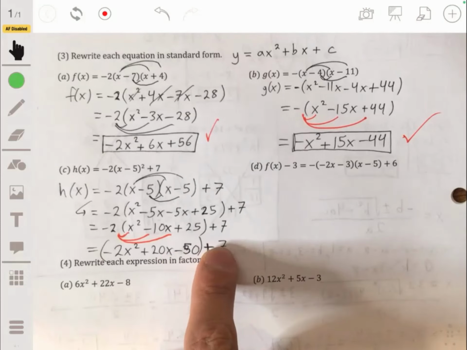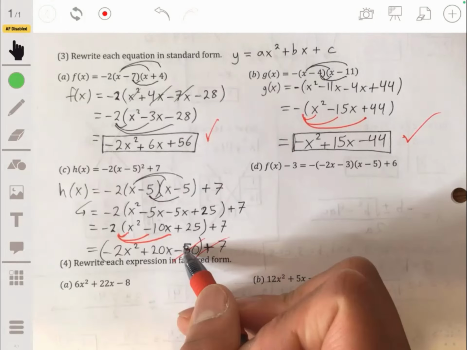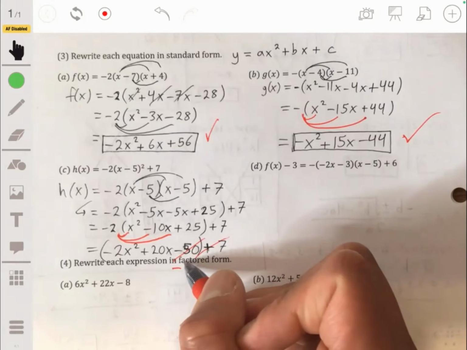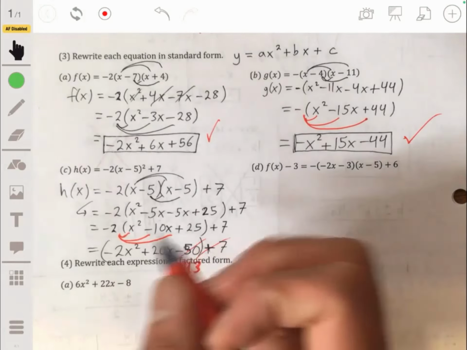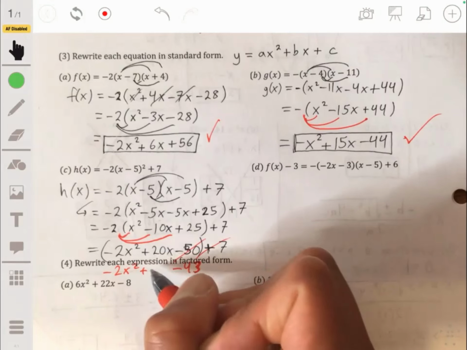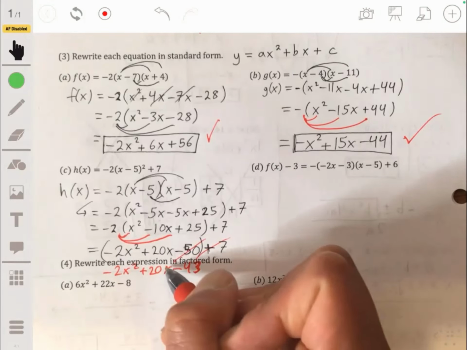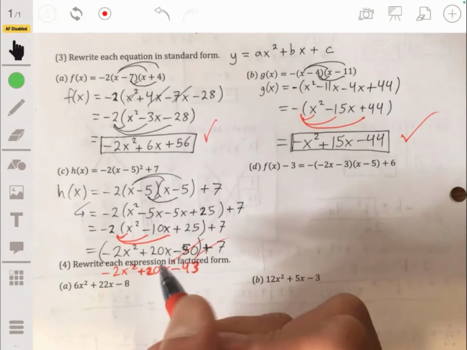Then you can add the 7 here. And so this minus 50 just becomes minus 50 plus 7, or minus 43. Your final form will be -2x squared plus 20x minus 43.